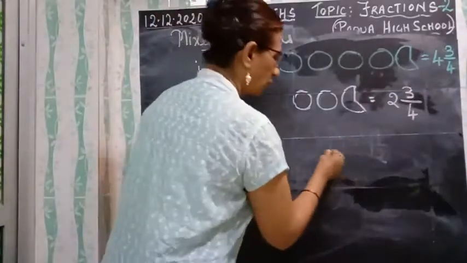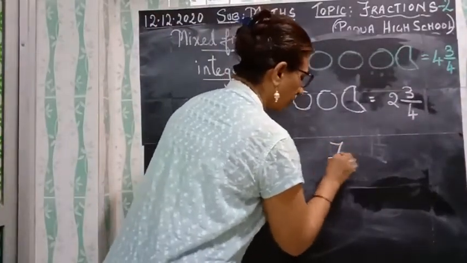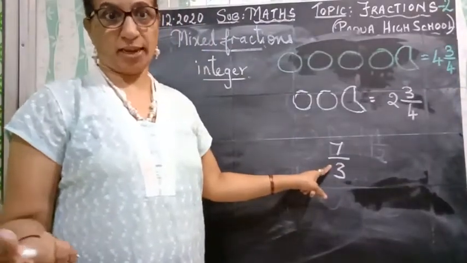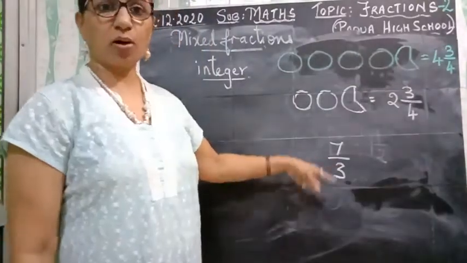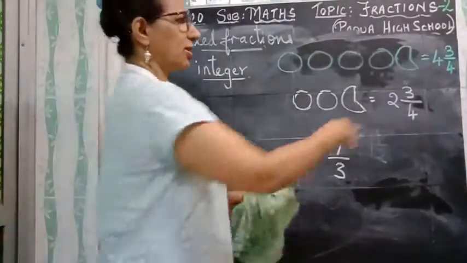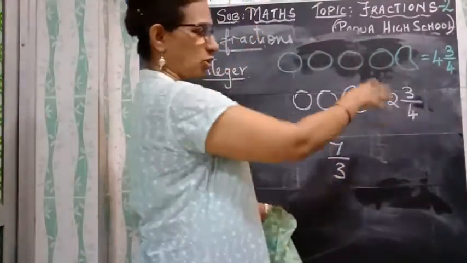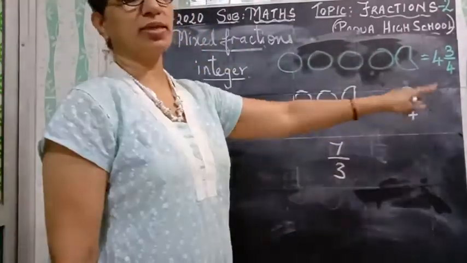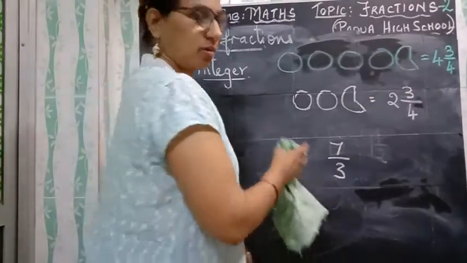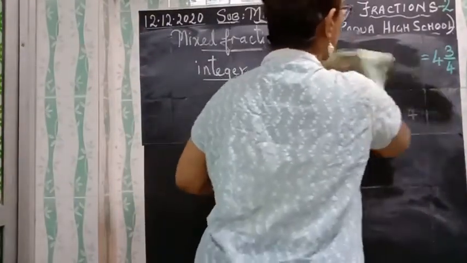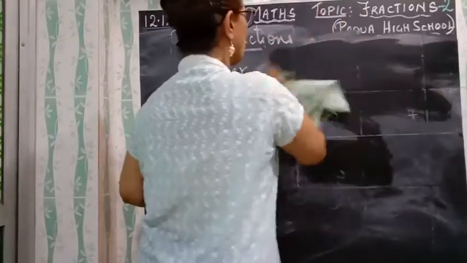So if I give you a fraction like 7/3, this is an improper fraction, because its denominator is smaller and numerator is bigger. Is that clear? This is just for your information. But the mixed fraction, with the whole number, is always like that. Is that clear, children, now? Very good. So those were mixed fractions.